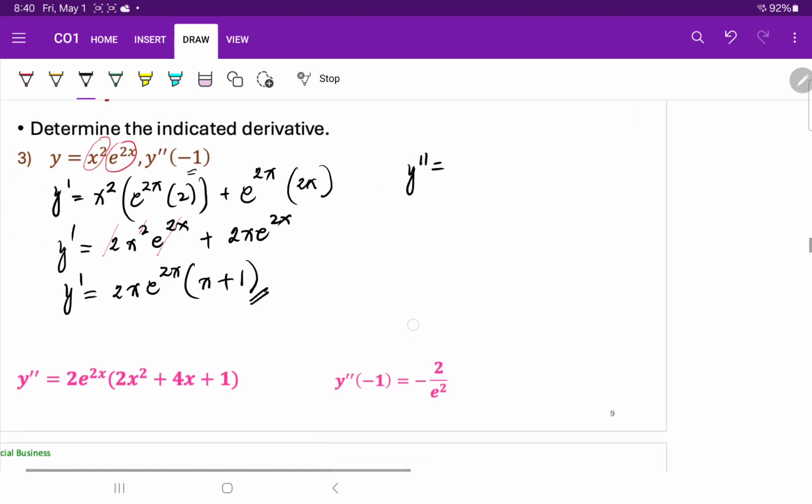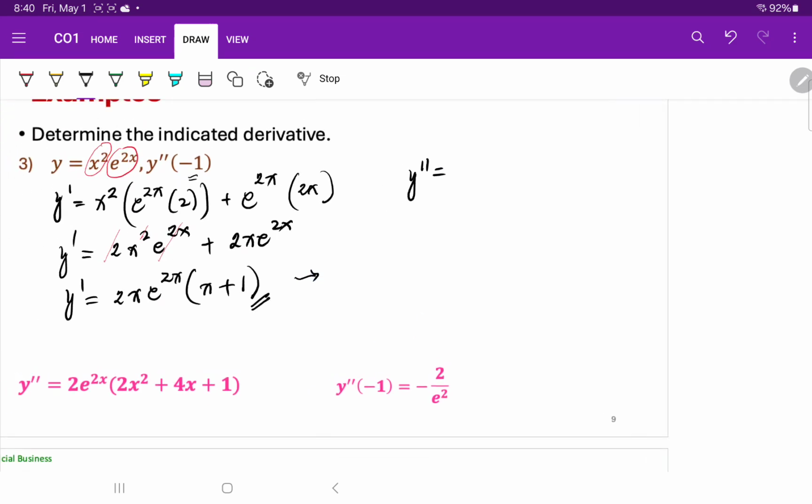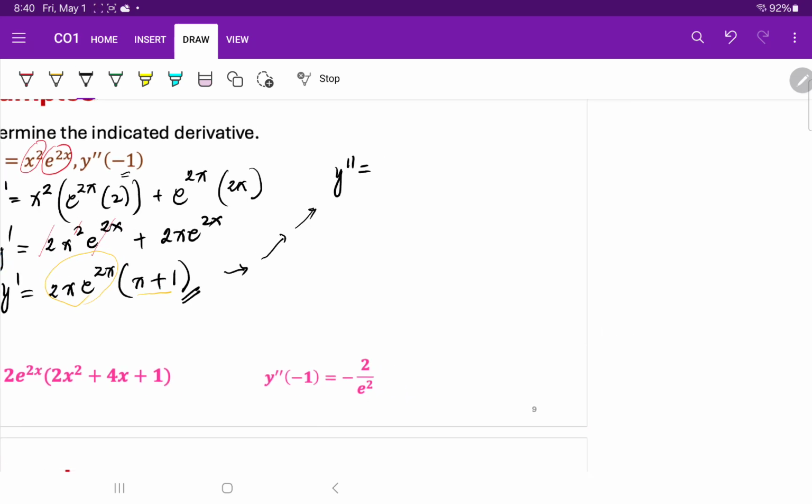How do you solve for y double prime? We can use again the derivative of a product. This is your first term and this is the second term. So, we copy the first term, 2x e to the 2x, times the derivative of x plus 1, which is 1.